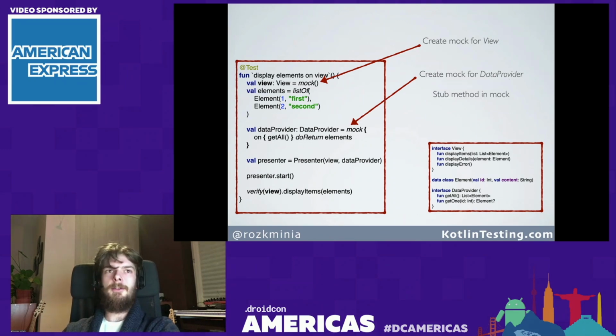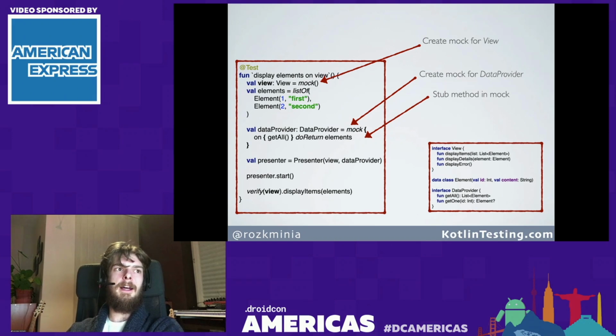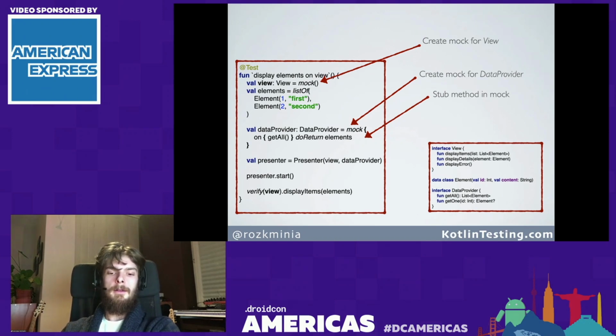And this notation in here, in a stubbed Mockito method, means that every getAll method invocation will always return this given list of elements. And then we are starting the presenter and we are using the Mockito function verify to check that display items on the view was invoked with that particular list of elements.